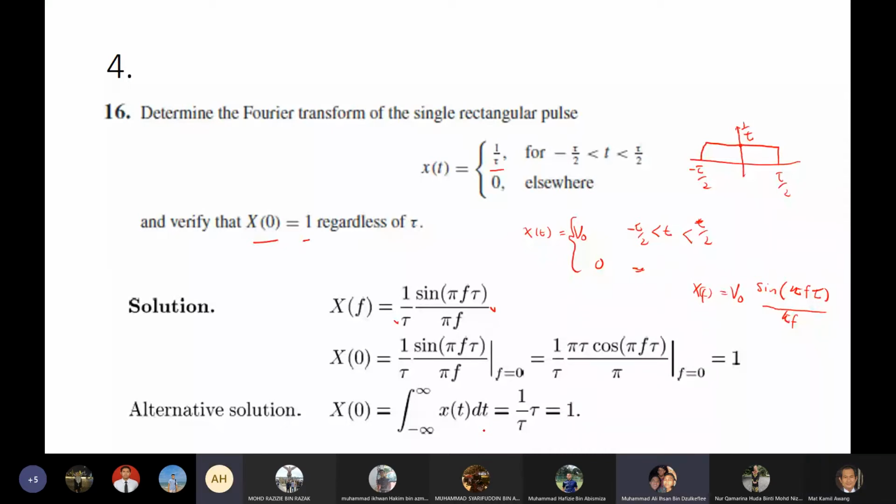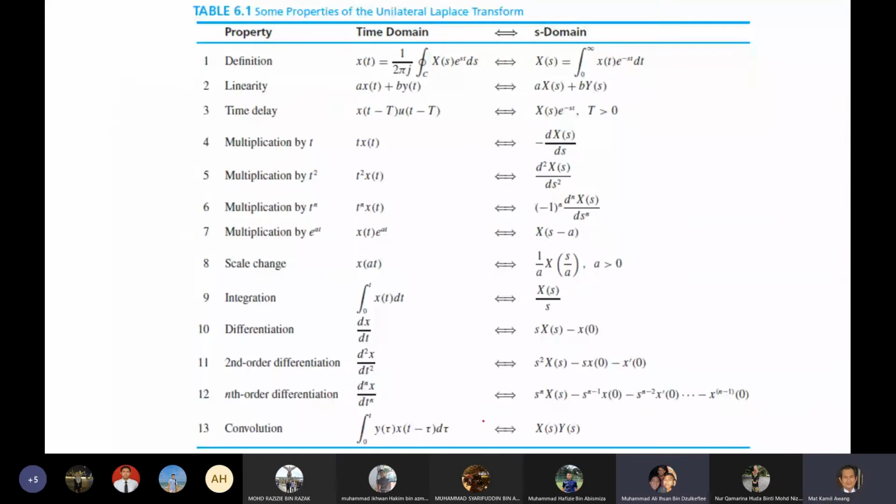Okay, so now we are going to Laplace transform. This is the table for Laplace transform. Linearity, definition of the Laplace transform.